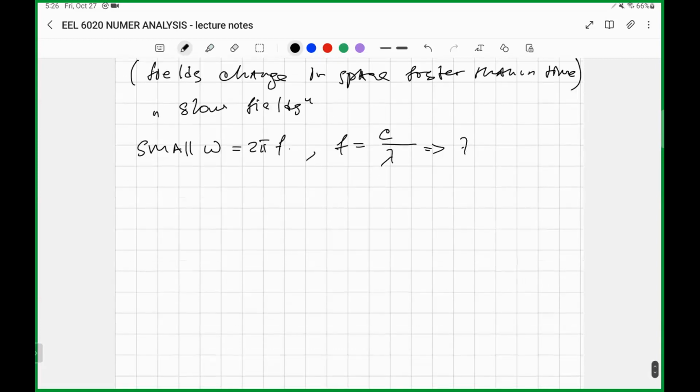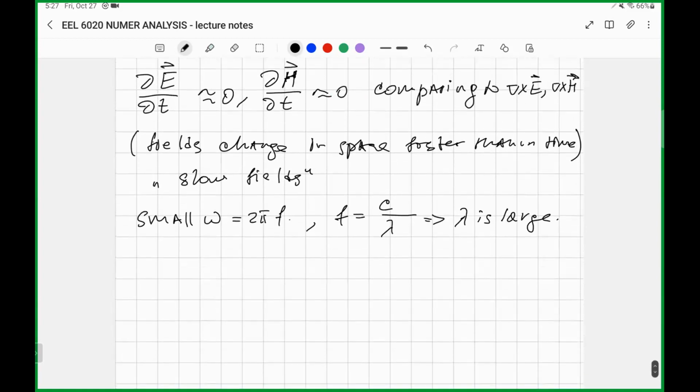So we conclude that the wavelength is very large. The field changes very slowly in time, and that means that the wavelength of this field is very large.